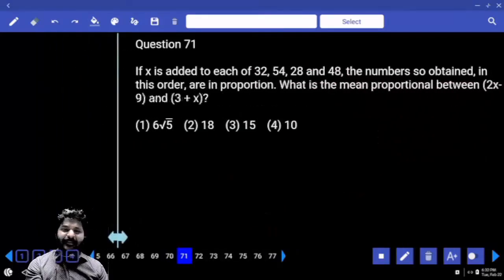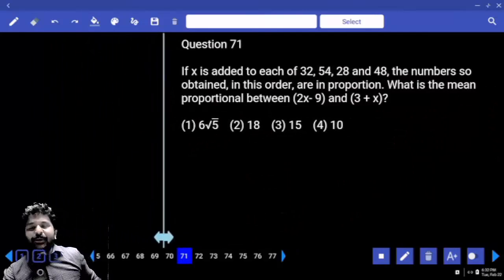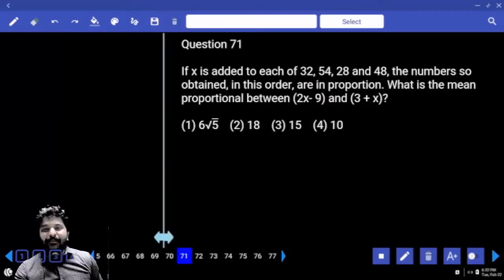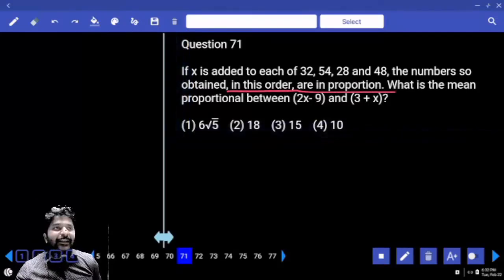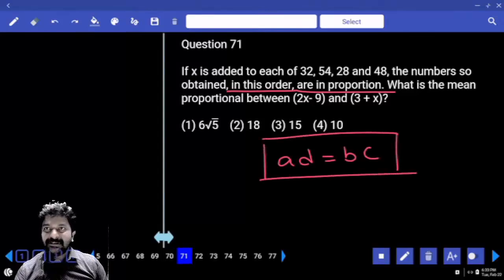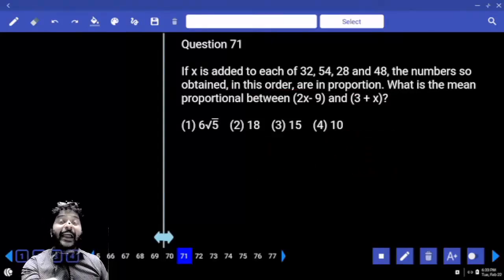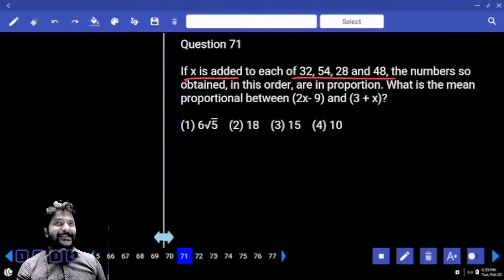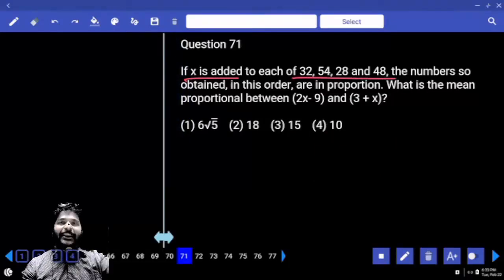Time taking one. X is added to each of those numbers. The numbers obtained in this order are in proportion. If 4 numbers are in proportion, AD must be equal to BC. Product of means must be equal to product of extremes. After adding X to each of these numbers, the resulting numbers are in proportion.